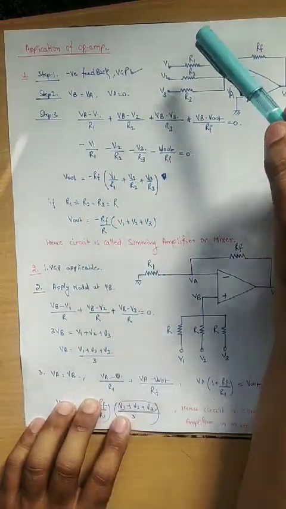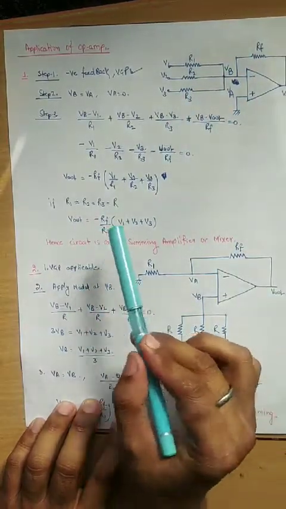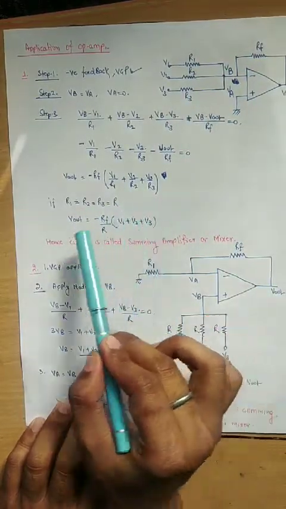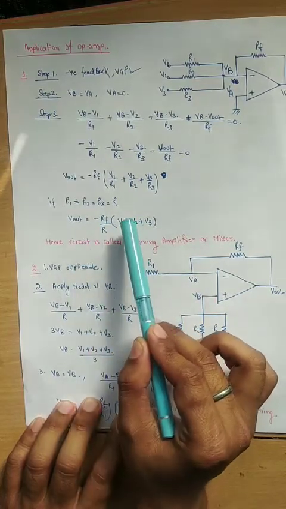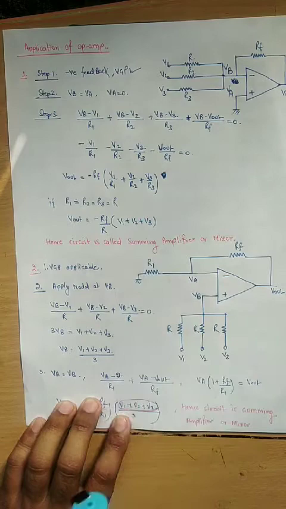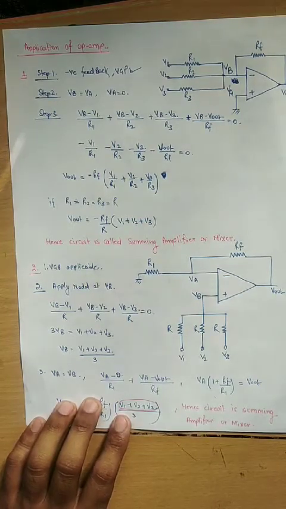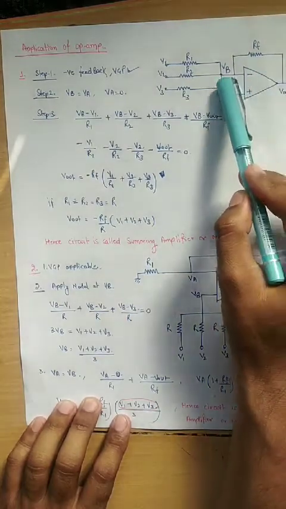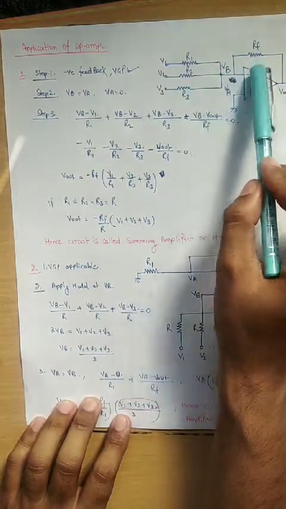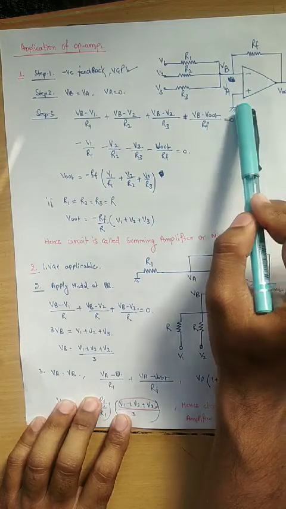If the values of these resistances are equal, that is equal to R, then we will find out that Vout equals minus RF by R into (V1 plus V2 plus V3). Now see some interesting thing. It is the inverting amplifier because input is applied at the inverting terminal, not at the non-inverting terminal.